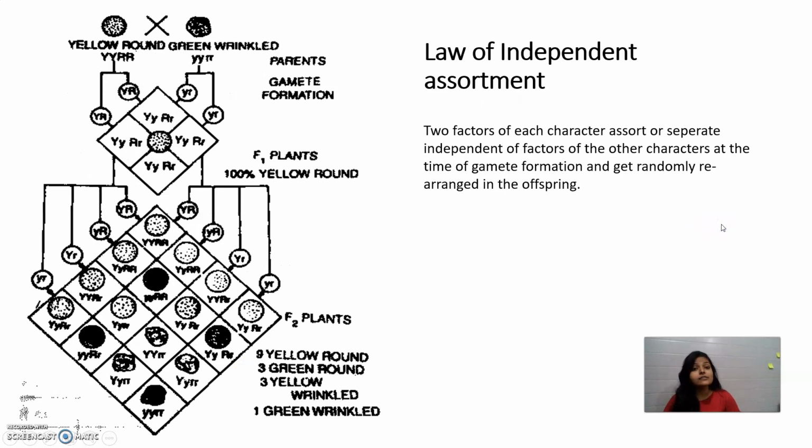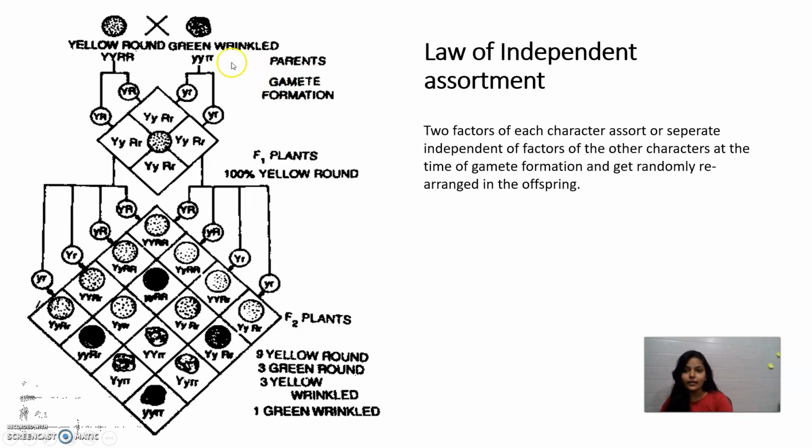The third law is the law of independent assortment. The law of independent assortment says that 2 factors assort independently of each other. In the dihybrid case, if we take into consideration 2 characters, both characters assort independently at the time of gamete formation and get randomly arranged into the offspring.